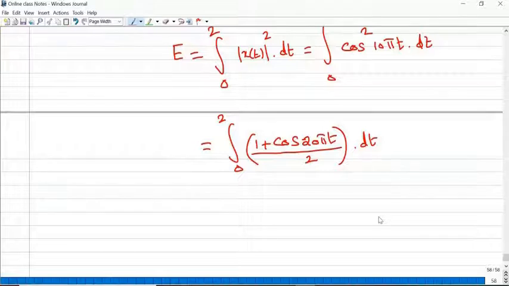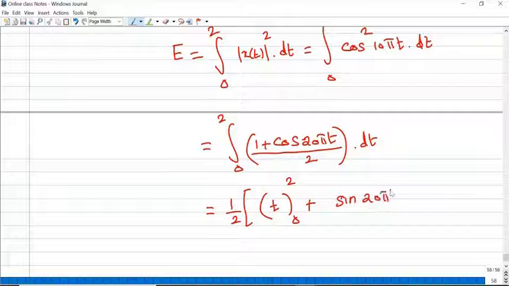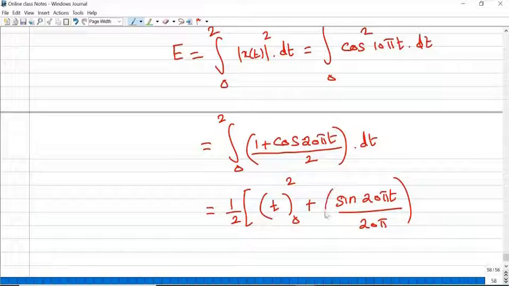Now integrate and solve the problem. 1 by 2 dt, so t from 0 to 2, plus cos 20 pi t integrates to sin 20 pi t divided by 20 pi, from 0 to 2. Whether it is 0 or 2, the sine term will be 0.